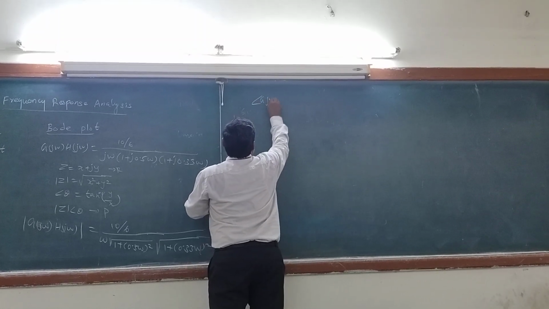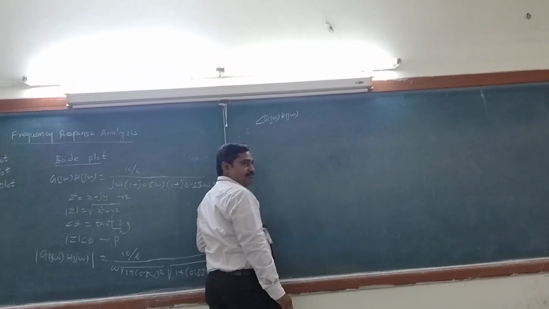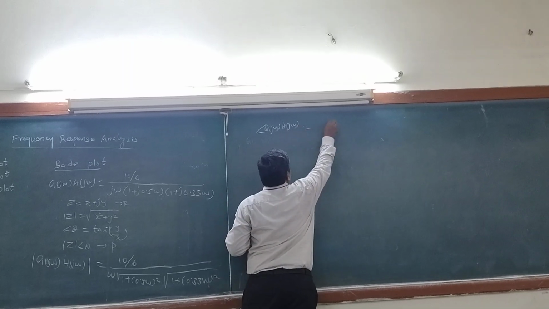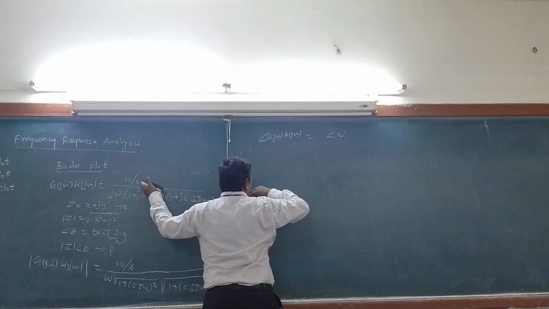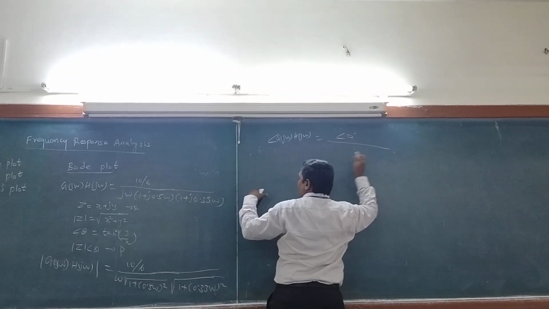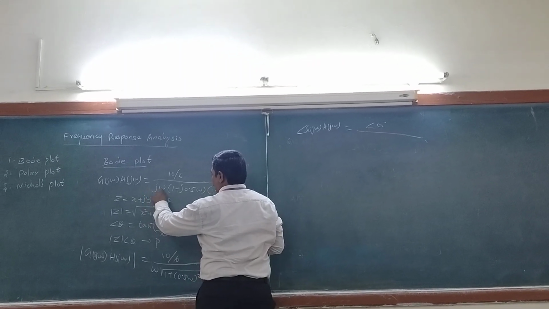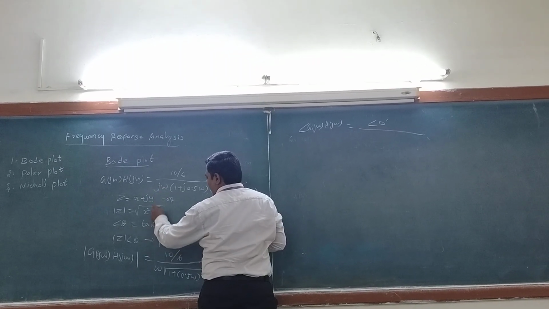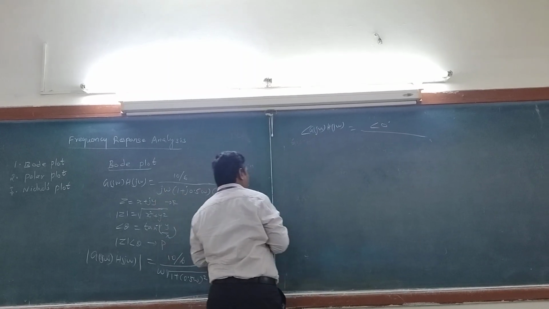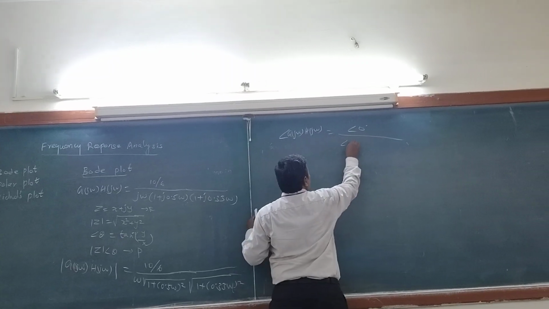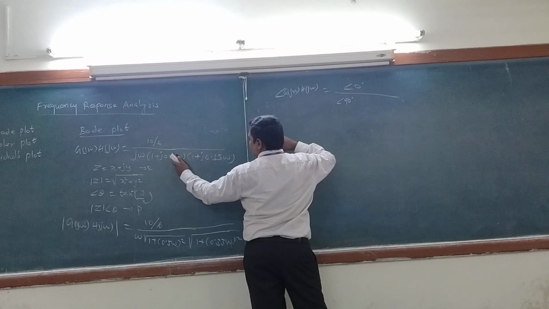Angle of G(j omega)H(j omega) is equal to, for the numerator, we have angle 0 because there is no j omega term, no imaginary term. For the denominator, the real term will be 0. So omega divided by 0 is anything by 0, infinity, tan inverse of infinity is 90 degrees. Okay. Then this one.